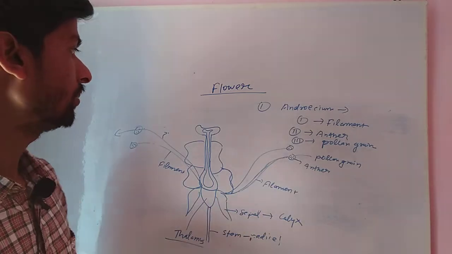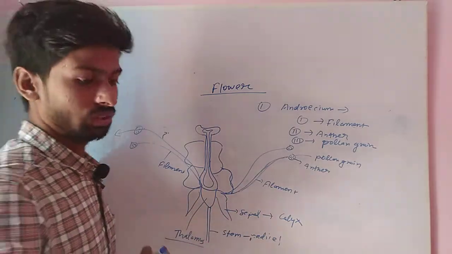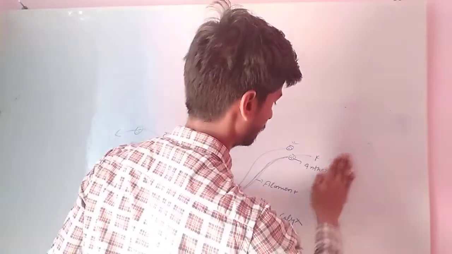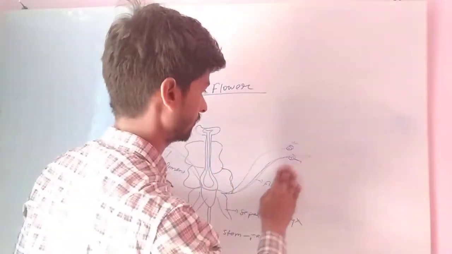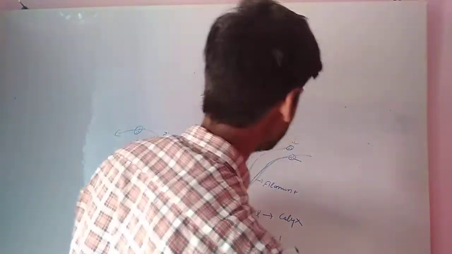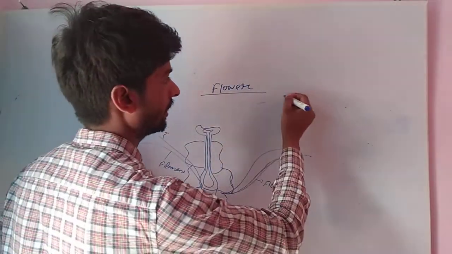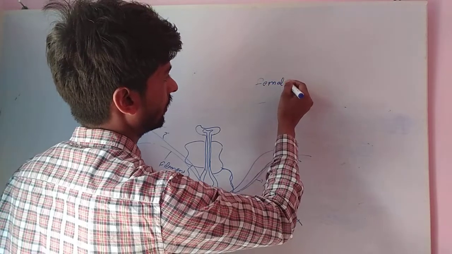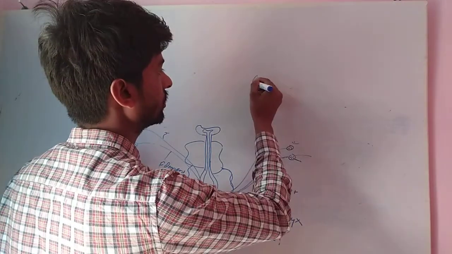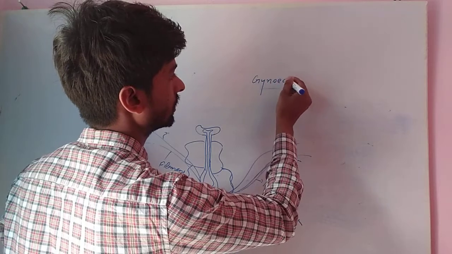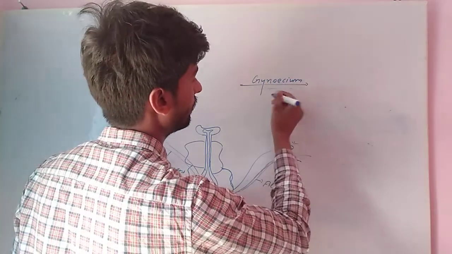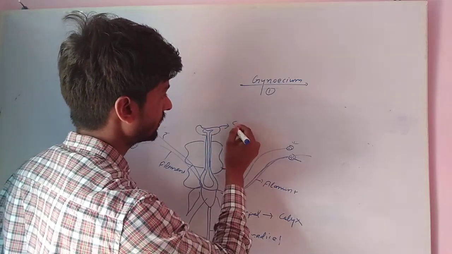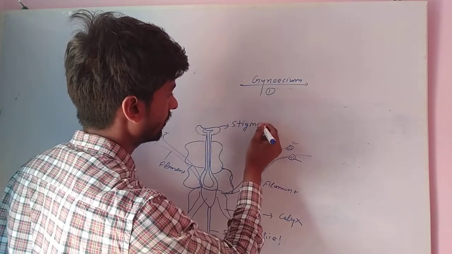Now we will discuss the female parts of the flower. So look here. In the female parts of the flower, that is the gynoecium. The first one, this one you're looking at, is known as a stigma.